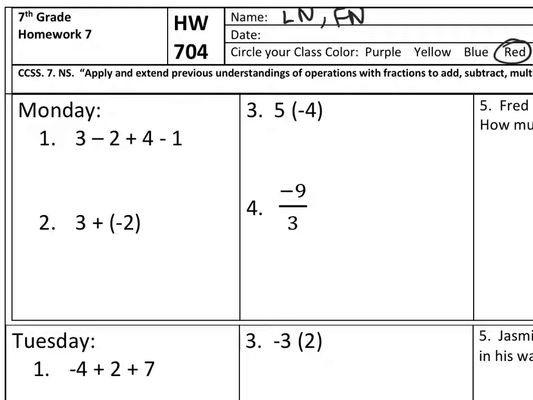Okay, Monday number 1, 3 minus 2 plus 4 minus 1. Now, a lot of you can do this problem just by remembering your elementary math. You could say in your head, 3 minus 2 is 1, 1 plus 4 is 5, 5 minus 1 is 4. But it's not always going to work out that way now that you're in 7th grade, because now we're dealing with positive and negative numbers.